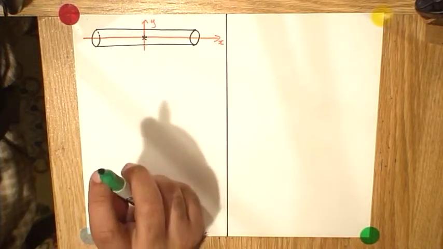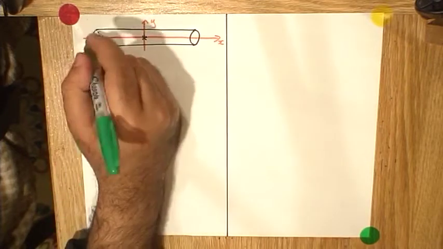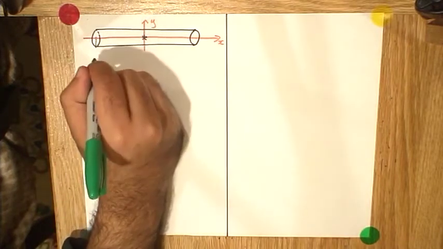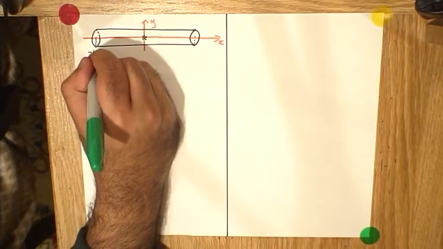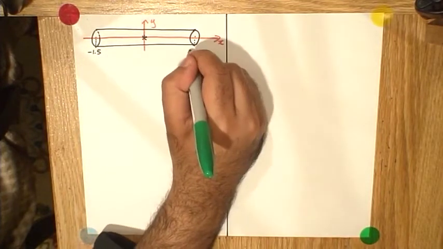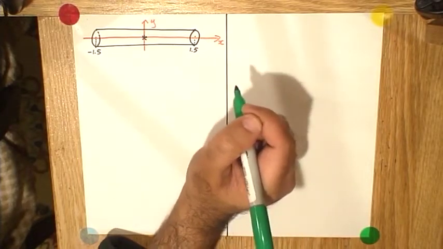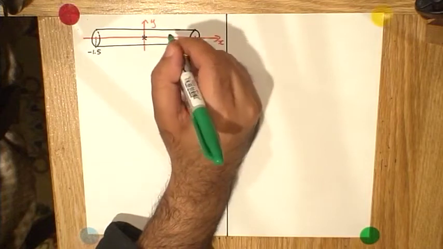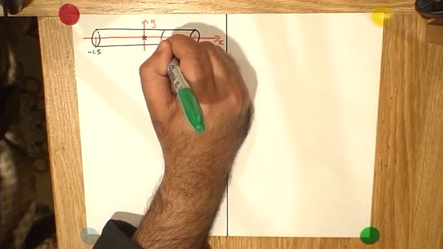Now, let's see what we were told. The overall length of this rod is 3 meters. That means that it is in this configuration extending from negative 1.5 on the x-axis to 1.5 on the other side. Now, if we were to take a slice, an infinitesimal slice of this rod, it might look something like this.